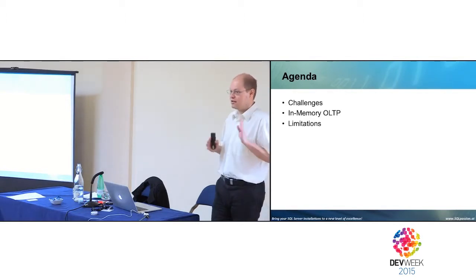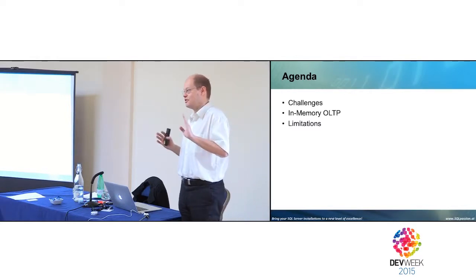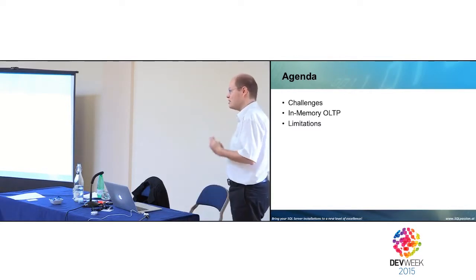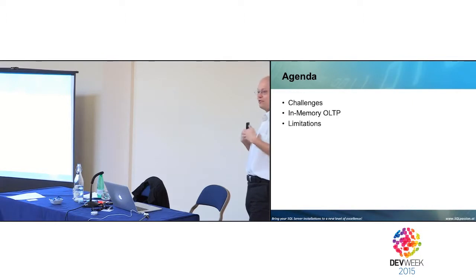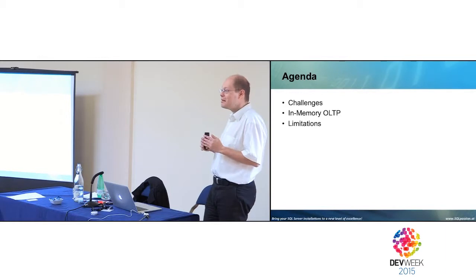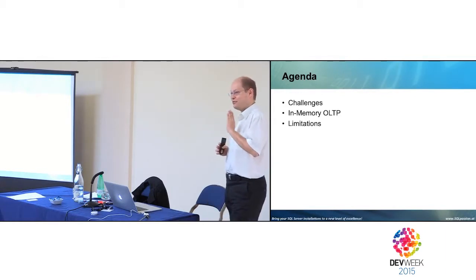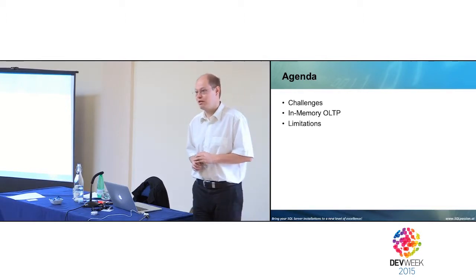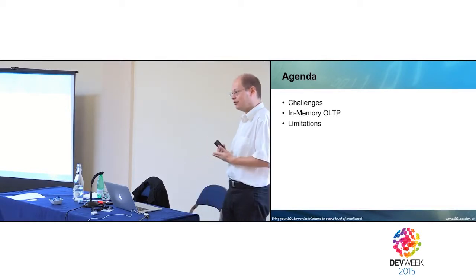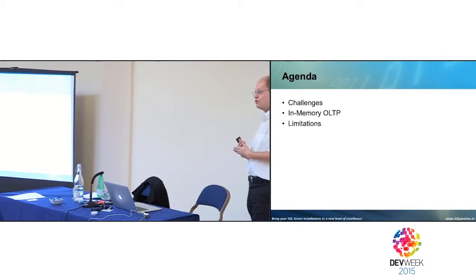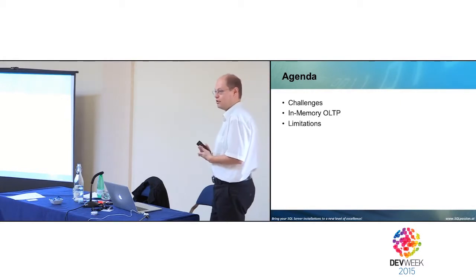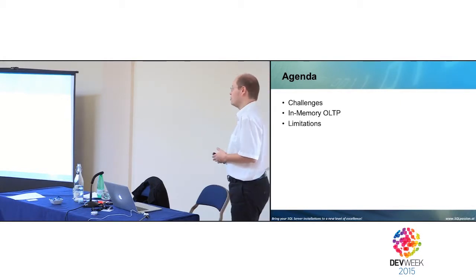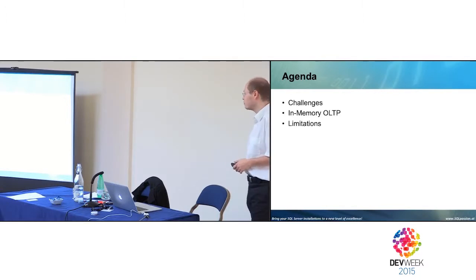As I've already said, in-memory OLTP is just a version 1, meaning we have a huge amount of restrictions, and therefore currently you really have to decide if you want to use that technology, because you are paying a lot for it based on the restrictions that you have in your database when you use that new technology.